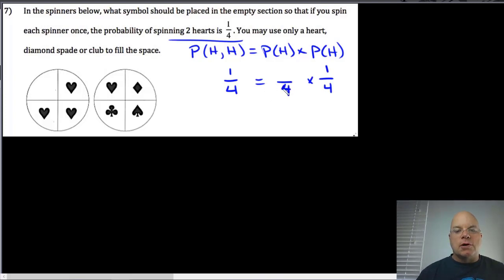Well, 1 means certain, so the only way it can be certain is if all 4 of the spaces are hearts. Then you would have 4/4, which would equal 1 whole, and 1 multiplied by 1/4 is 1/4. So the missing space must contain a heart.